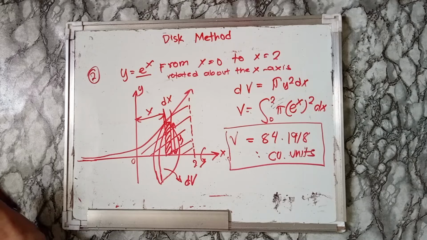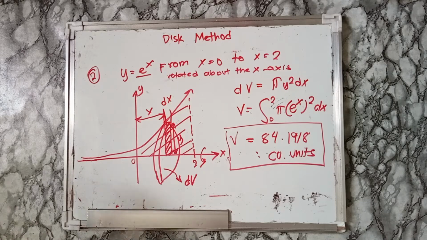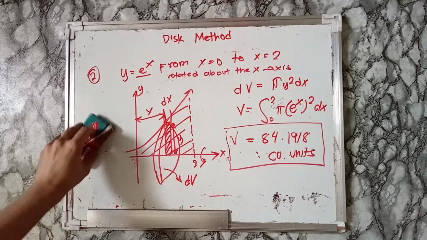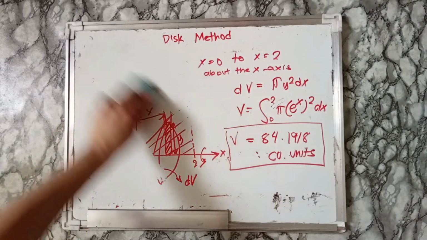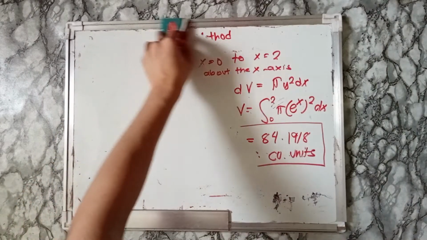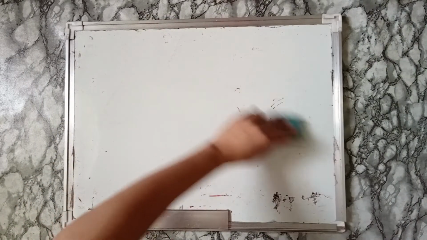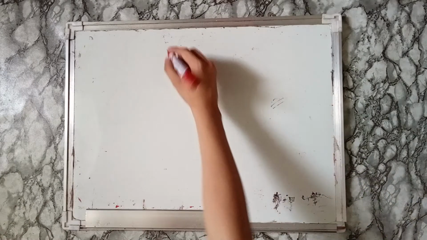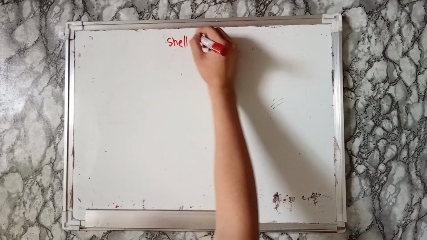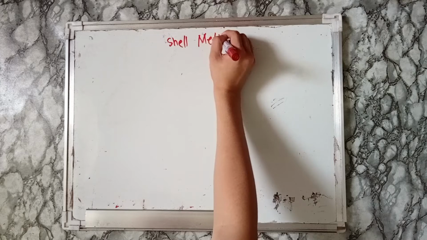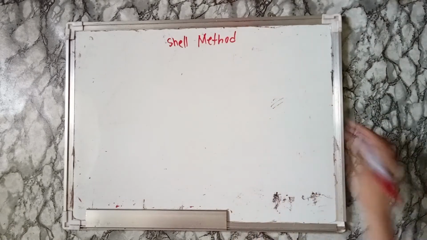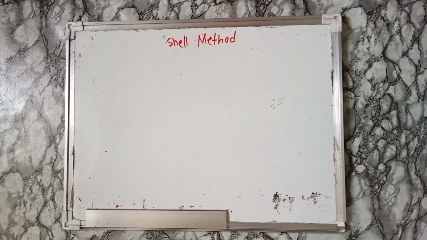Now let's go to shell method. So now let's tackle shell method. In shell method, our area of rotation is parallel to your strip.